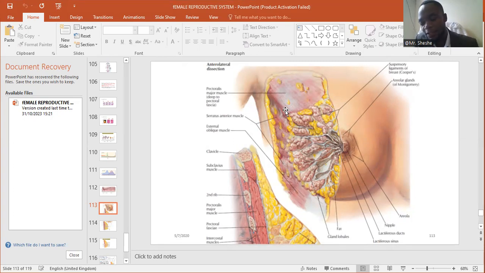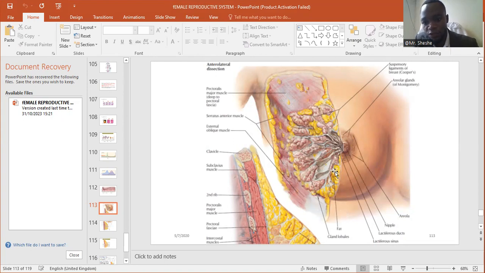So when you're palpating a breast tissue, especially when you're examining a female, for example, you're trying to screen for breast cancer, you see that the breast does not just end here where it is swollen or massive. The breast extends into the axilla. We call that the tail of the breast. Then this is the body of the breast.